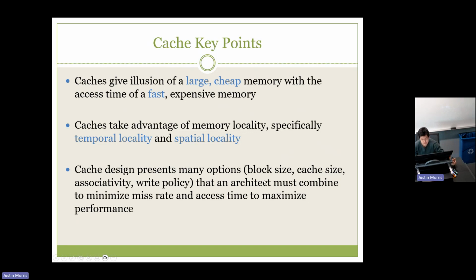What is the block size? What is the overall cache size? How much associativity? What is our write policy? Are we write back or write through? And these are all things that the computer architect must kind of balance and combine to minimize miss rates and access times on a wide range of applications.